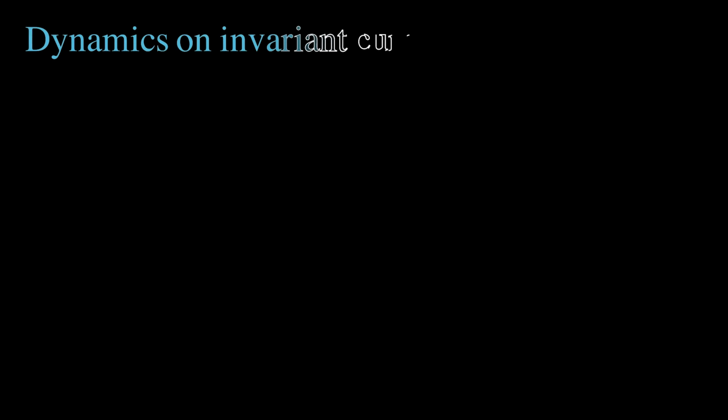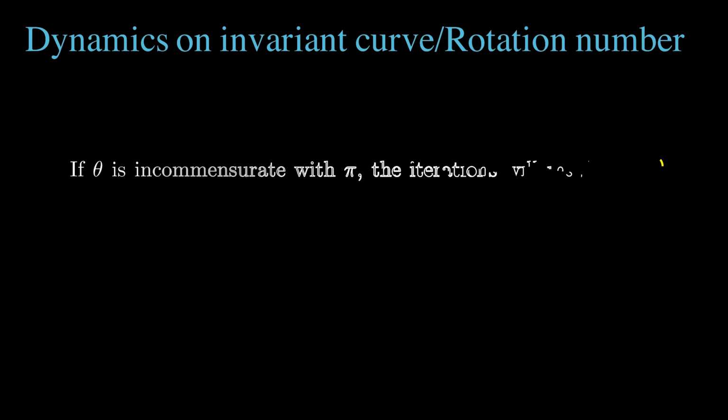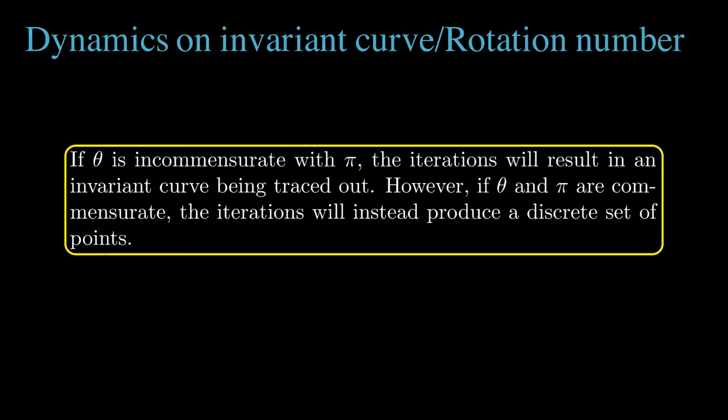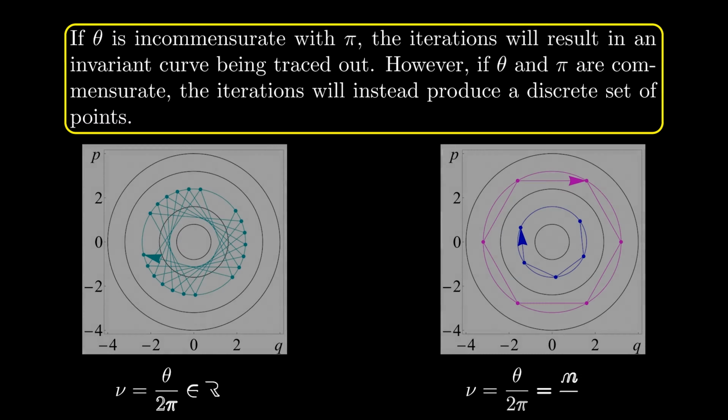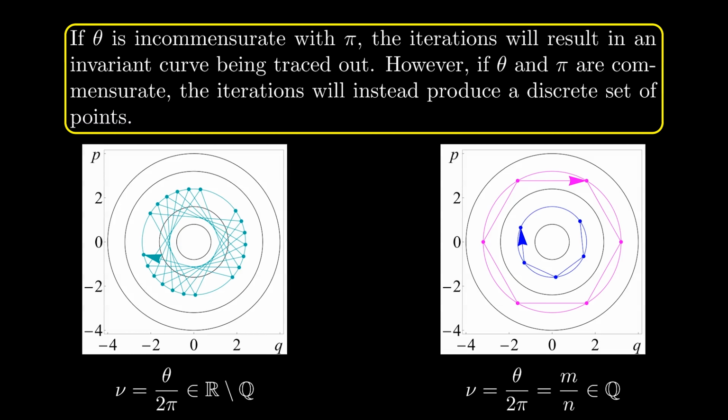On a given invariant circle, we can observe 2 qualitatively different situations. If the rotation angle theta is incommensurate with pi, meaning the ratio is irrational, then repeated iterations will densely trace out the entire invariant curve.